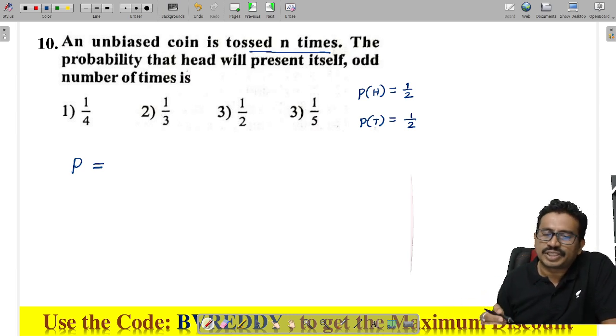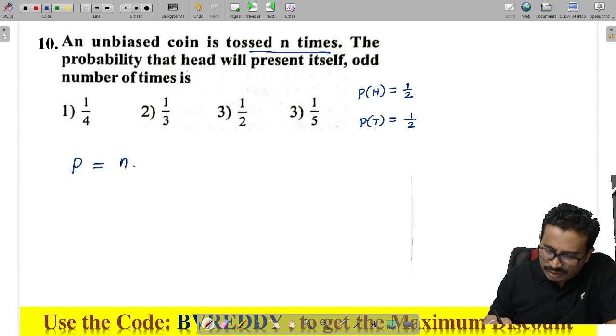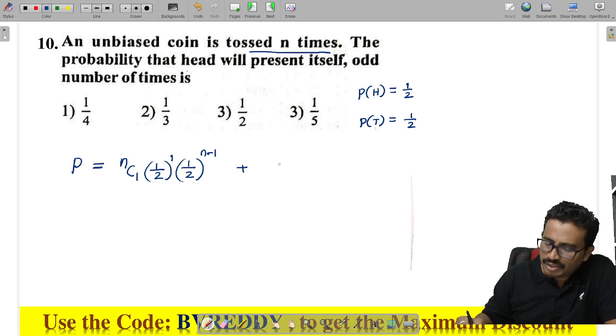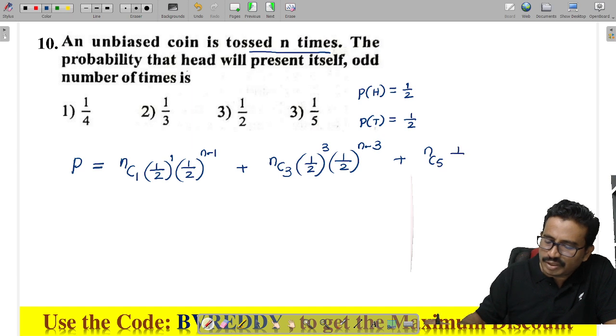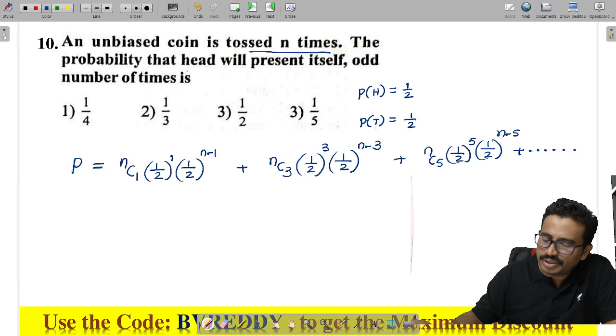First time: when I toss it, NC1 into 1 by 2 power 1 and 1 by 2 whole power the remaining times, n minus 1, plus. Next NC3, third time, that is 1 by 2 whole power 3 and 1 by 2 whole power n minus 3. Next the fifth time, that is 1 by 2 whole power 5 and 1 by 2 whole power n minus 5. Like that it will continue.